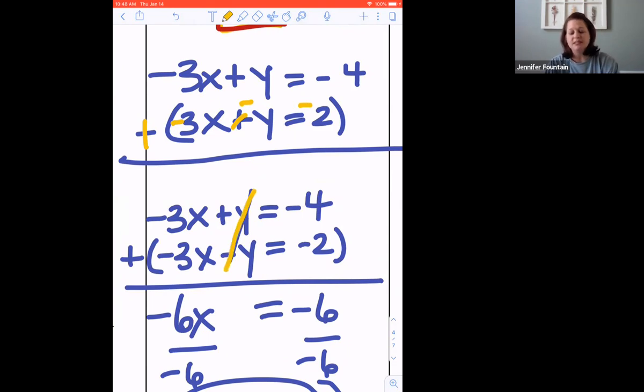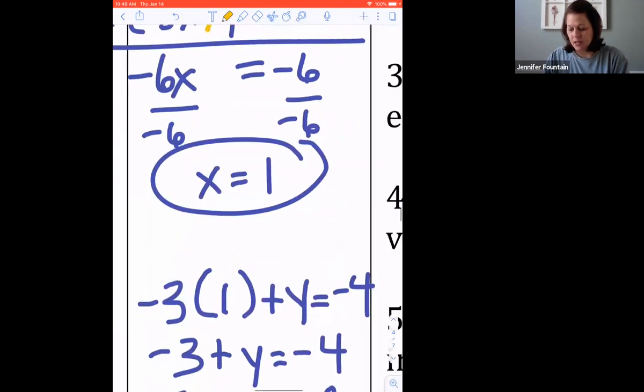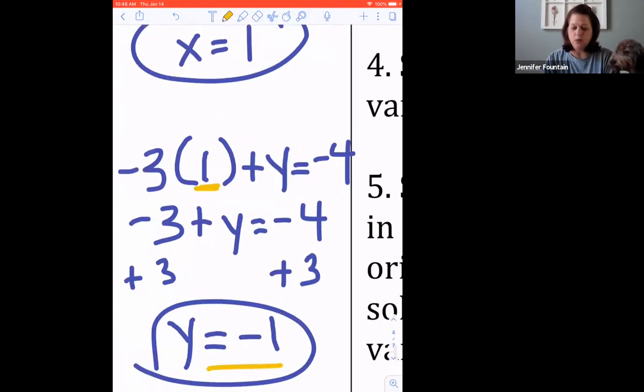Plus y plus a -y cancels out. I've changed it now to adding the opposites. So those cancel. And then -4 plus a -2 is -6. So we found that x is equal to 1. Once I see that x is equal to 1, I plug it in, and I'm able to solve and find that y is equal to -1.